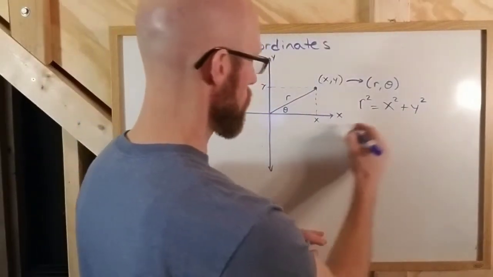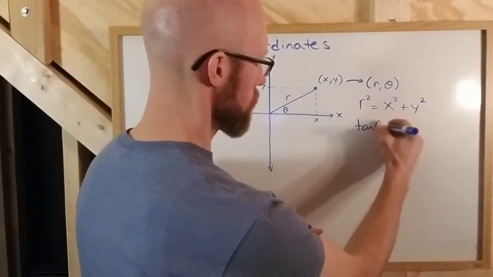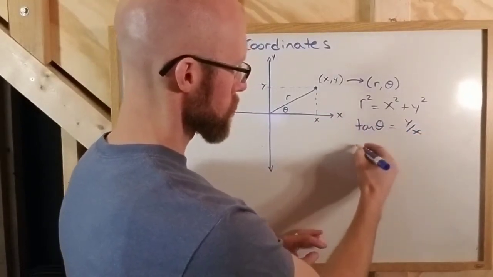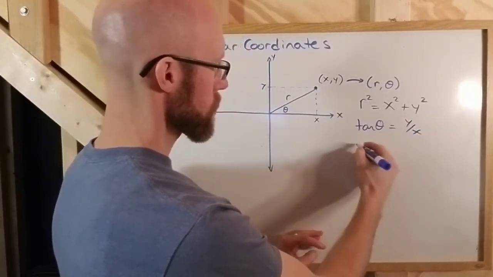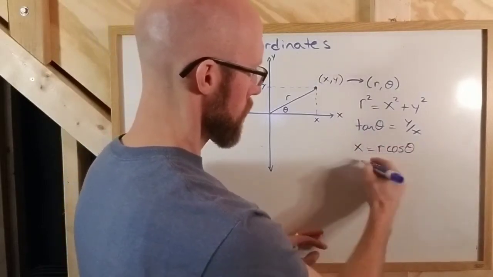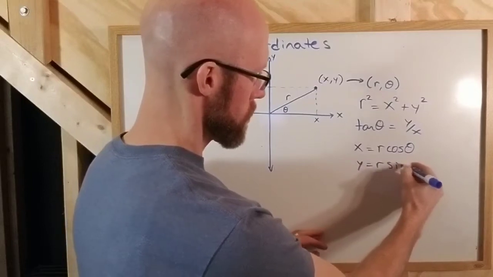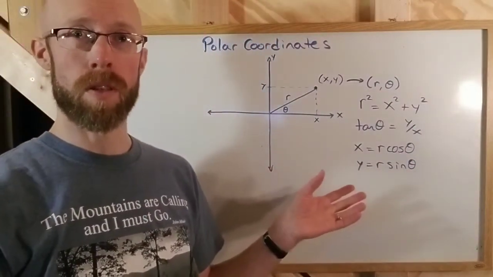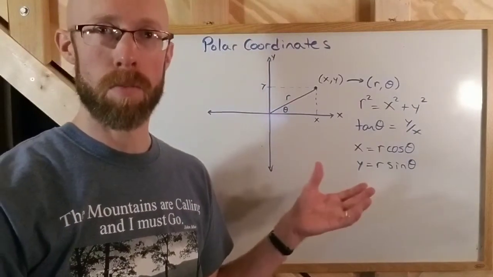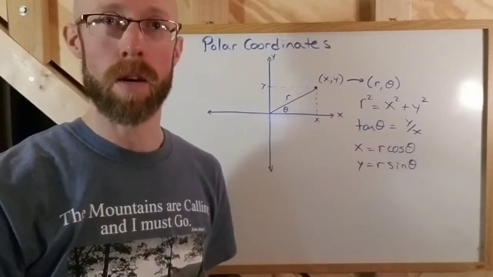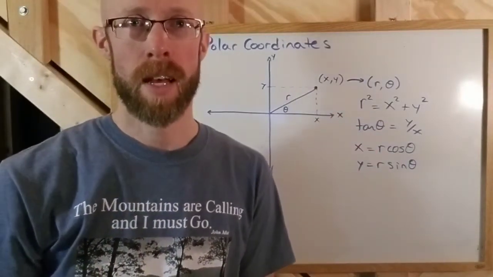We also know that the tangent of theta is going to be y over x. We also know that x is equal to r cos theta and y is equal to r sine theta. We've seen these similar relationships with complex numbers and with vectors in the past, but now we can apply those to polar coordinates.